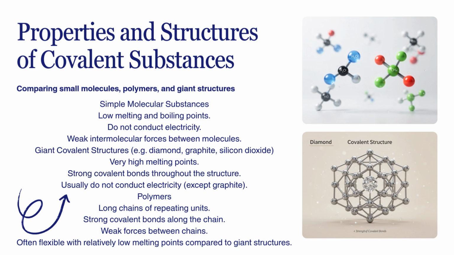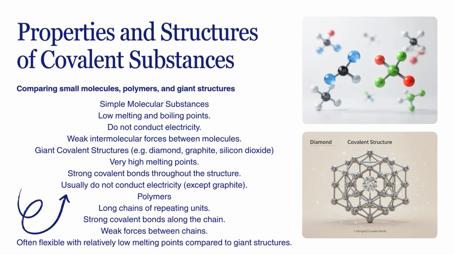Now, if we compare that to giant covalent structures like diamond or graphite, in these substances there is no separate molecule. Instead, you have a huge network of atoms all bonded together by strong covalent bonds. Imagine one massive structure. Because you have to break strong covalent bonds to melt them, they have a very high melting point.